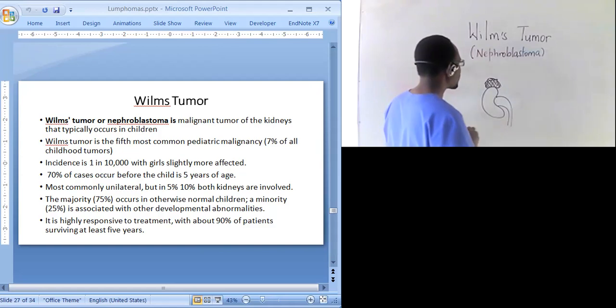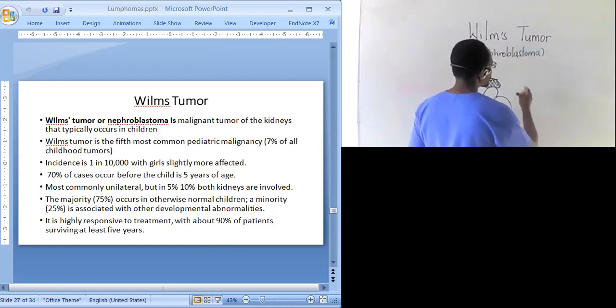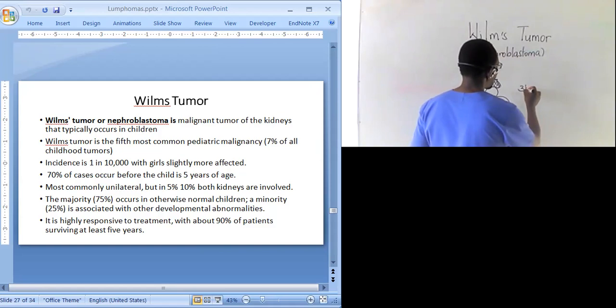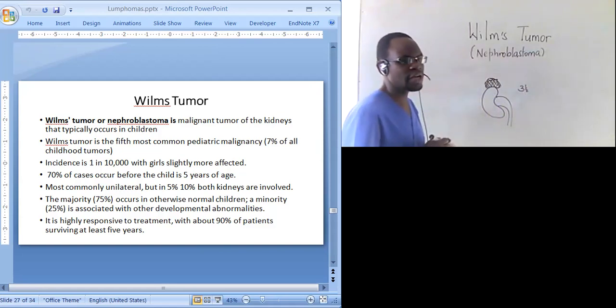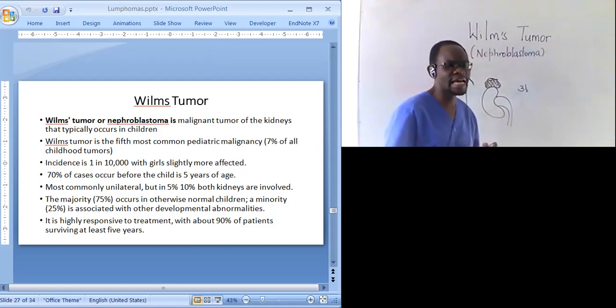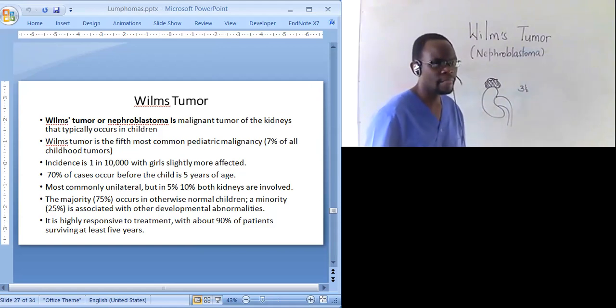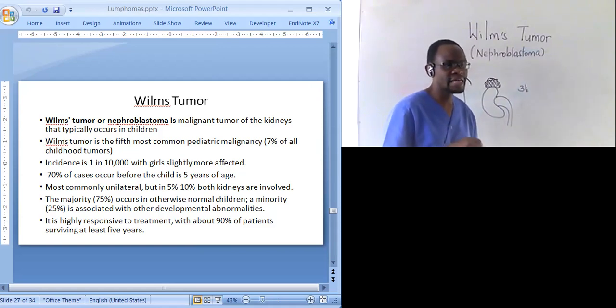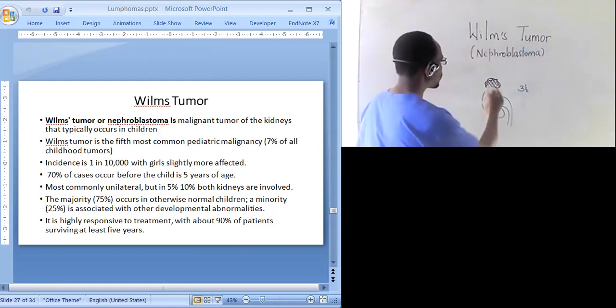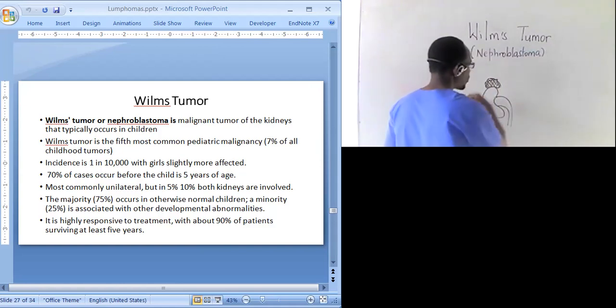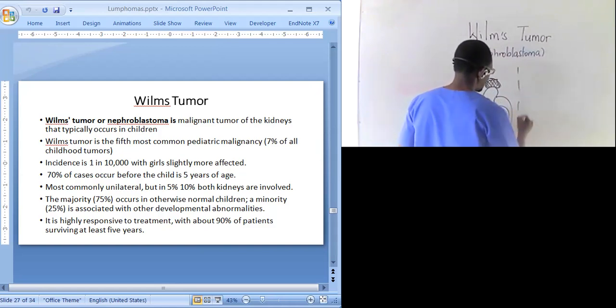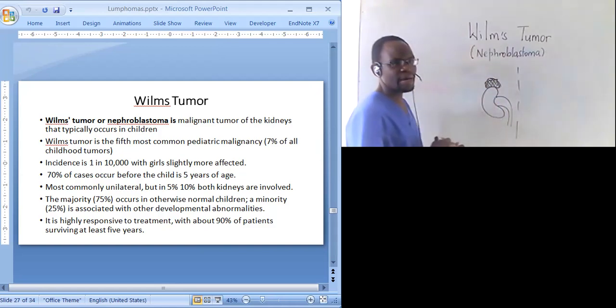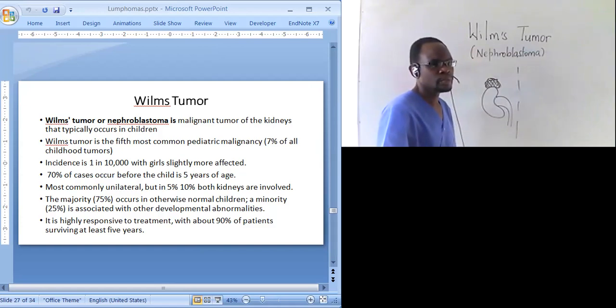To be more specific, most of them are diagnosed at the age of 3 to 3.5 years. Usually it does not go beyond 5 before they are picked up. Most commonly it is unilateral, in other words one kidney is affected, but there are a few cases of bilateral involvement.